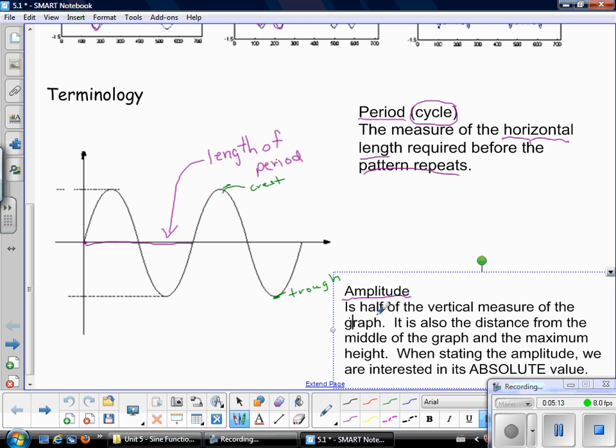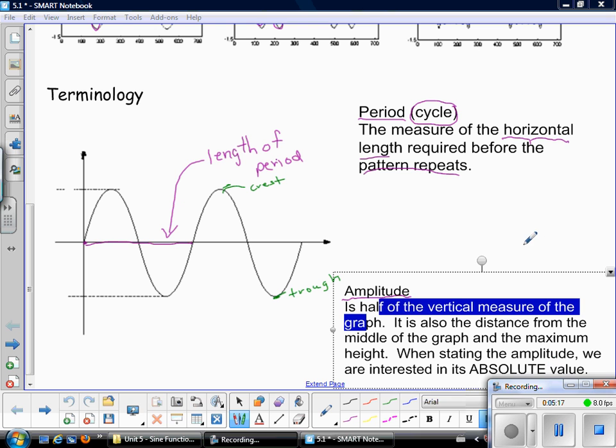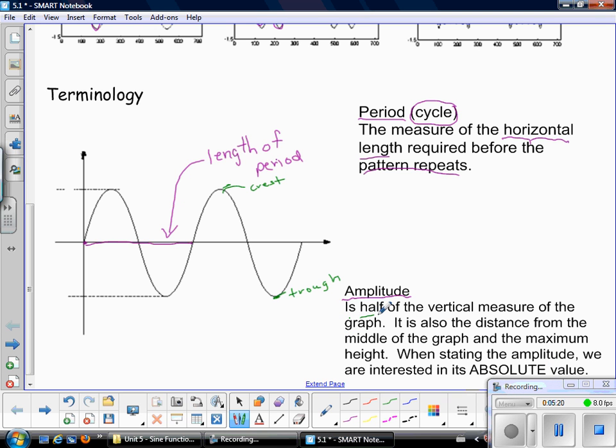And it is half of the vertical measure of the graph. So if you notice there's a line here, so here is the highest point, here is the lowest point, and halfway in between, this distance here is what we call the amplitude. So from the top of the graph to the bottom of the graph, we divide it by 2.